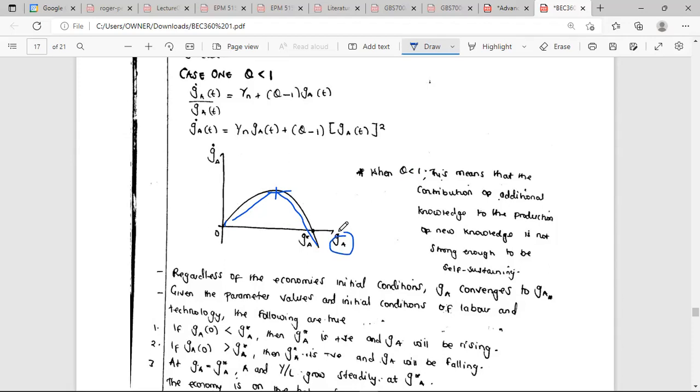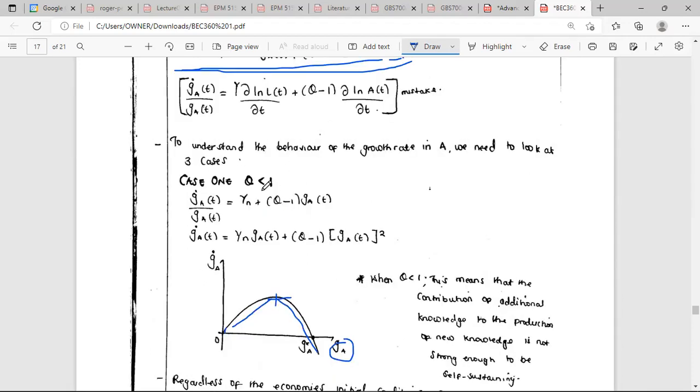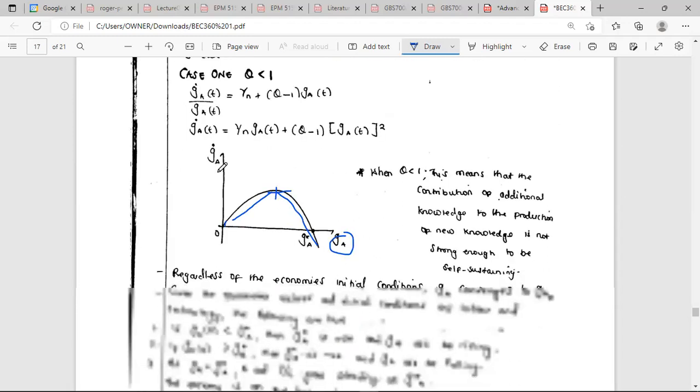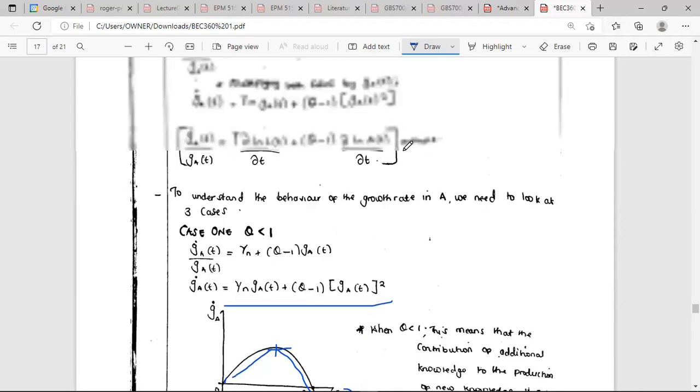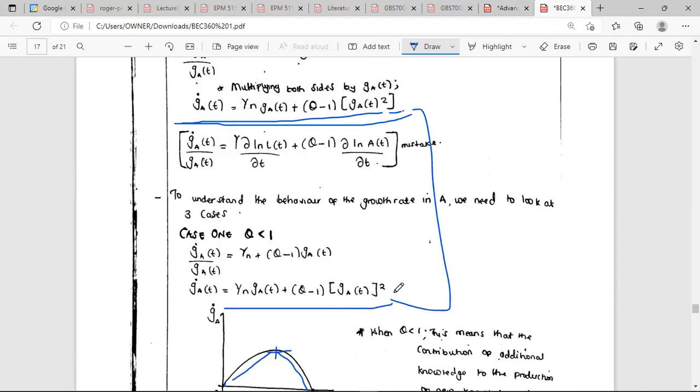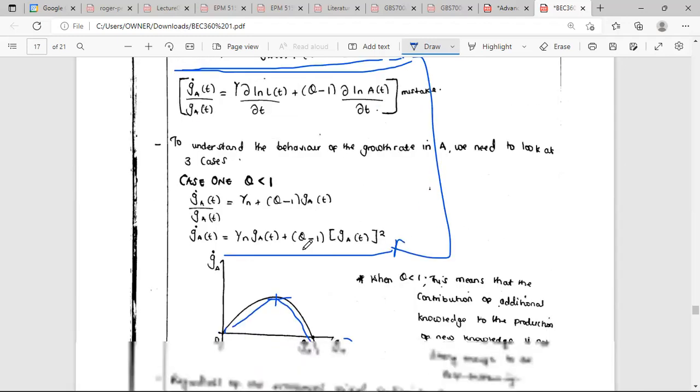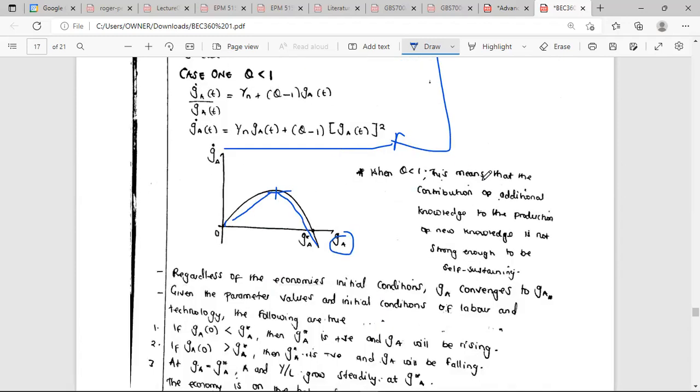Now, there are 3 cases. The first case is when alpha is less than 0. Getting from this equation, which is coming from the one on top here, what happens is that the contribution of an additional knowledge to the production of a new knowledge is not strong enough to be self-sustaining.